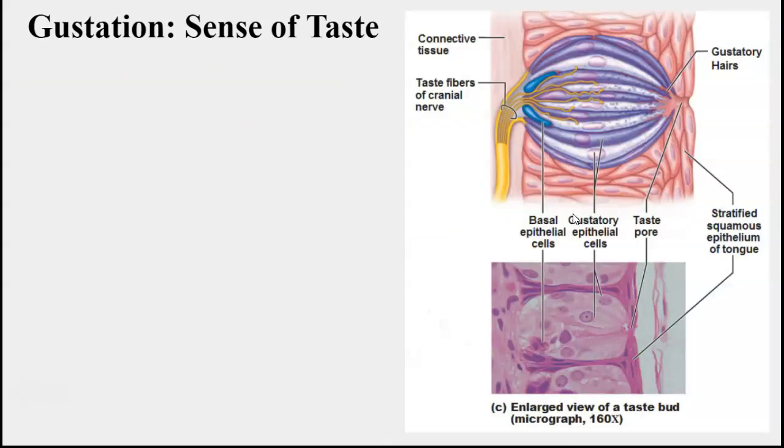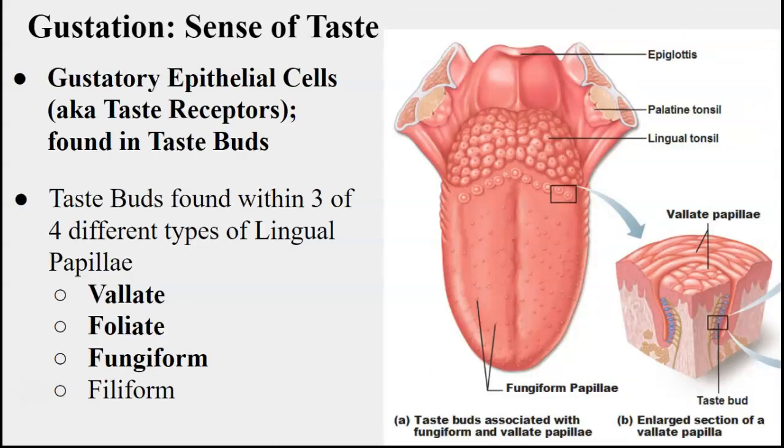So if we were to look inside a taste bud, so here is a papillae, and then inside the papillae, these little bumps, within there would be these little receptor pores that would go into a taste bud.